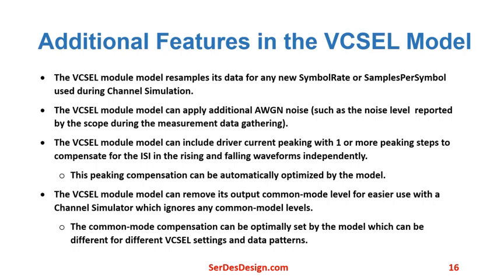The module model can apply additional AWGN noise, such as the noise level reported by the scope during the measurement data gathering. The module model can include driver current peaking with one or more peaking steps to compensate for the ISI in the rising and falling waveforms independently. This peaking compensation can be automatically optimized by the model.